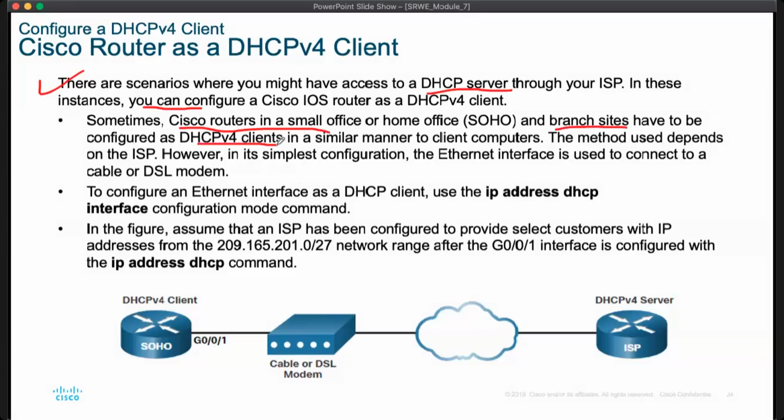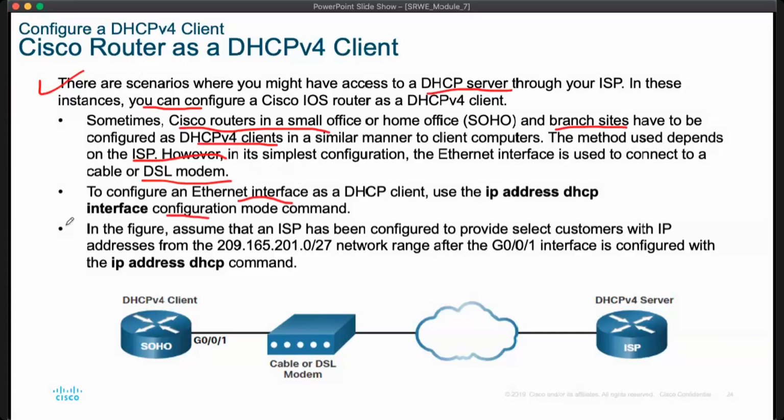The method used depends on the ISP. However, in its simplest configuration, the Ethernet interface is used to connect a cable or DSL modem. To configure an Internet interface as a DHCP client, use the ip address dhcp interface configuration mode command.